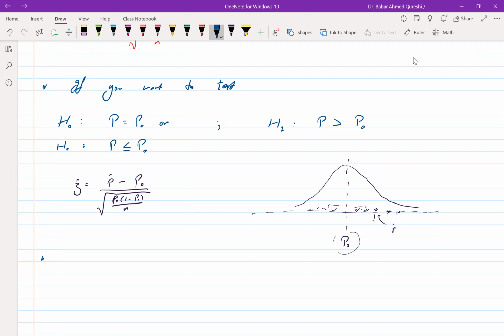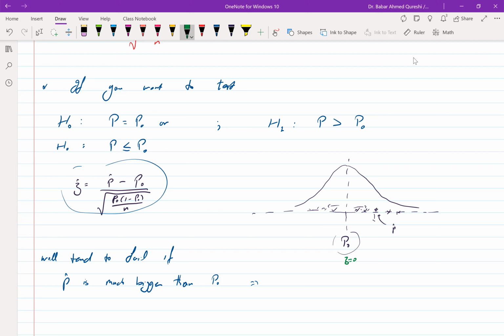So we will tend to fail if P hat is much bigger than P naught. But if P hat is much bigger than P naught, that means this variable, on top of it, I can draw the Z graph, Z centered at 0.